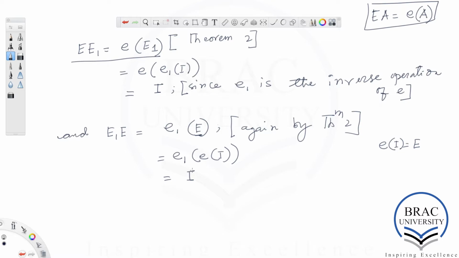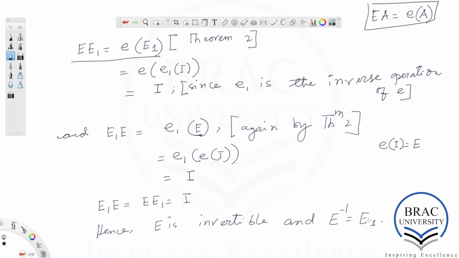Hence, we have gotten E sub 1 times E to be equal to E times E sub 1 is equal to I, meaning that E is invertible and the inverse of E is equal to E sub 1.